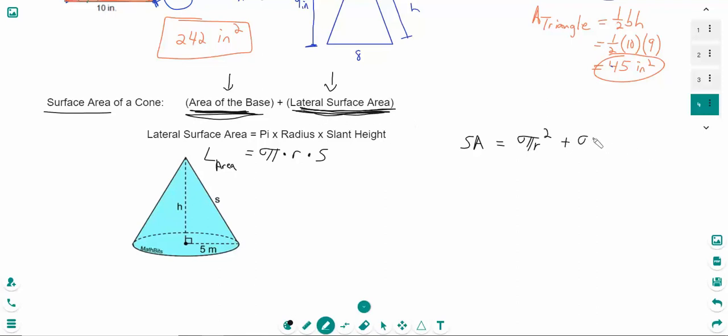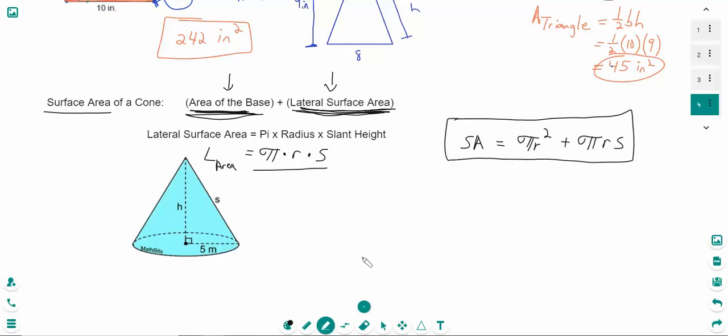So plus pi r s, which is the lateral surface area formula. All right, so to find the surface area of a cone, this is kind of the key formula right here. Okay, once we have that formula, all we have to do is plug things in.